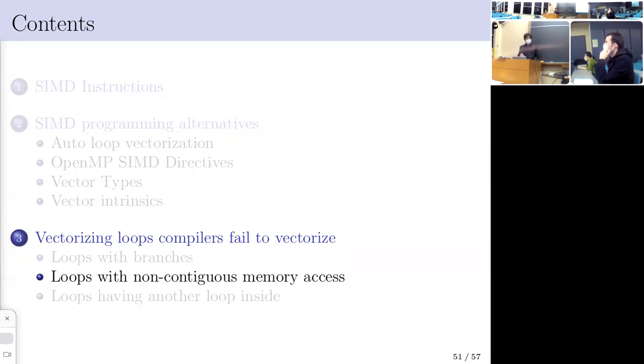The other situation in which compilers tend to fail to vectorize, again without fundamental reason, is loops containing non-contiguous memory access. There's no fundamental reason why compilers cannot do that, but as far as we can tell, many compilers simply fail.